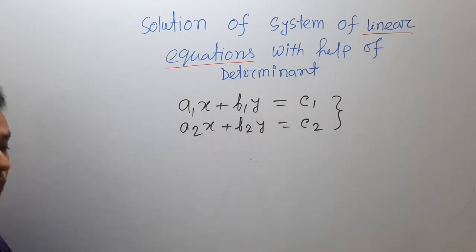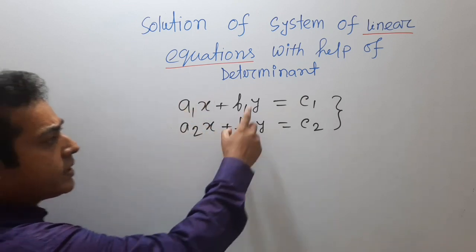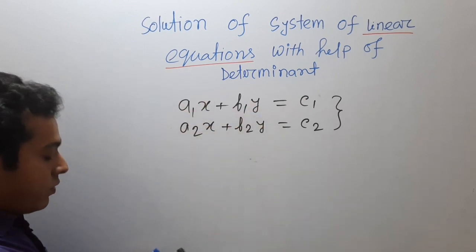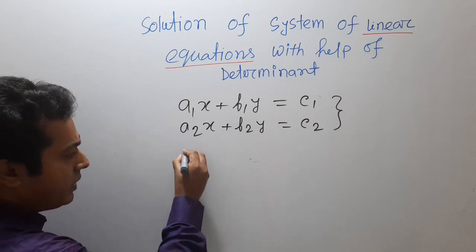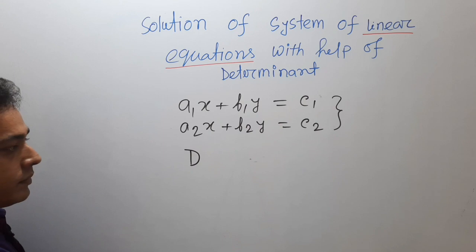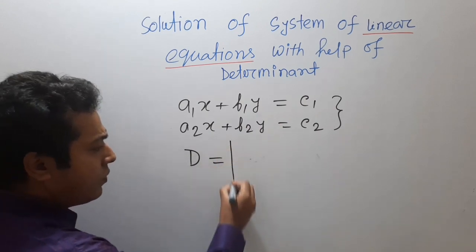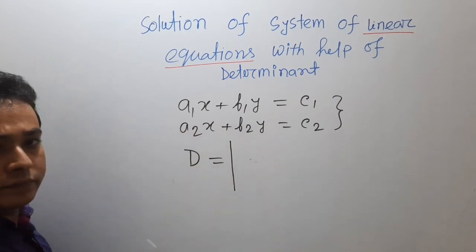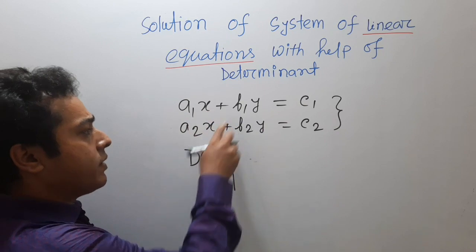Now we want to create a determinant with the coefficients of x and y. This determinant is denoted by D, and it is formed by the coefficients of x and y.